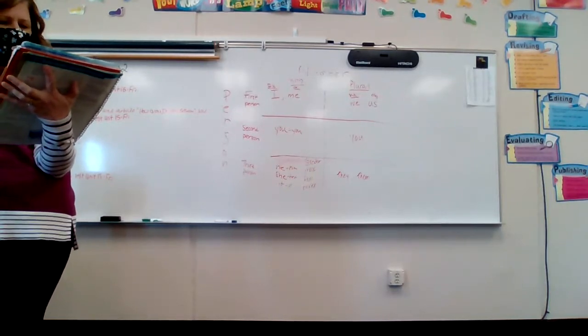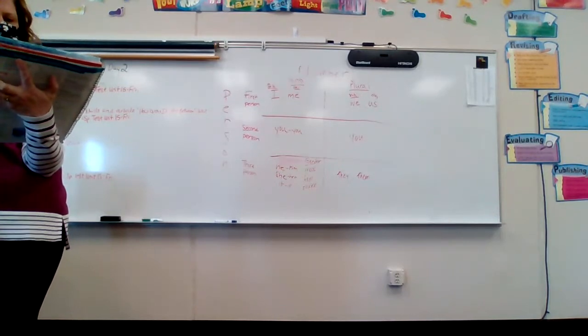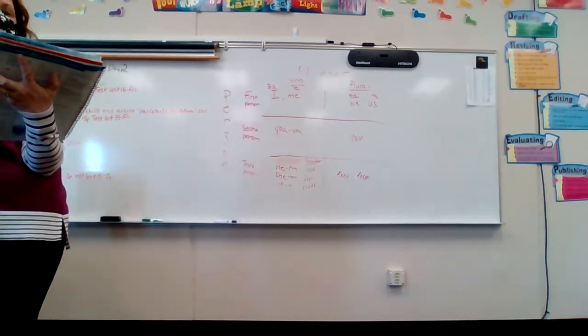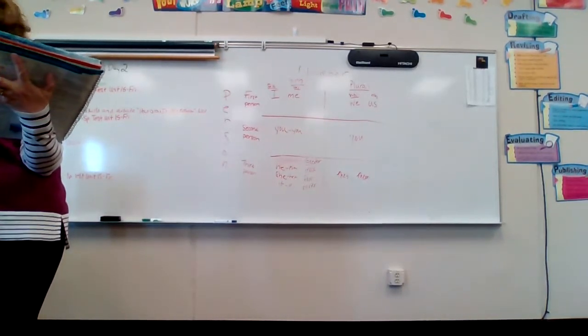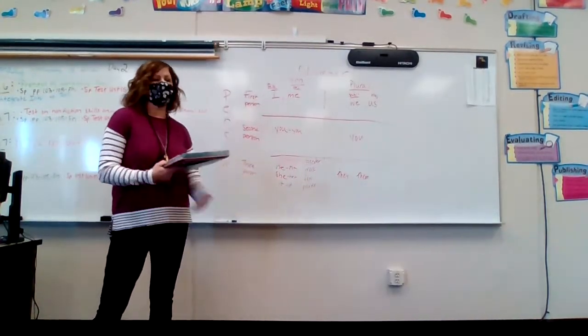Kaylin, can you do number 1? Recently, I discovered short stories by Jack London. First person, singular. Very good. And gender doesn't apply because only in third person singular do we do gender.